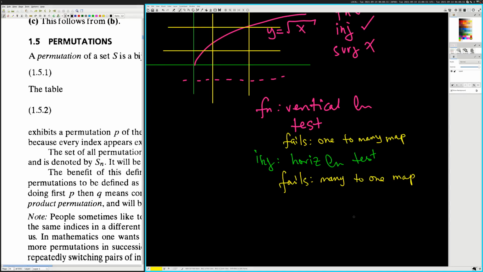And then surjective. For surjective, this means you sort of do another horizontal line test, which is every horizontal line intersects the curve in at least one point.